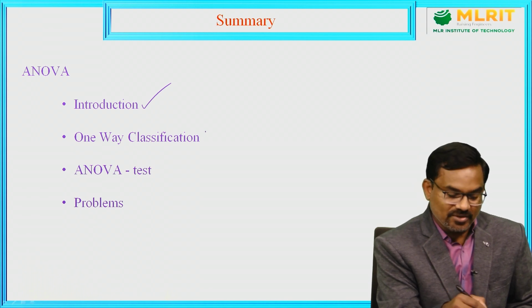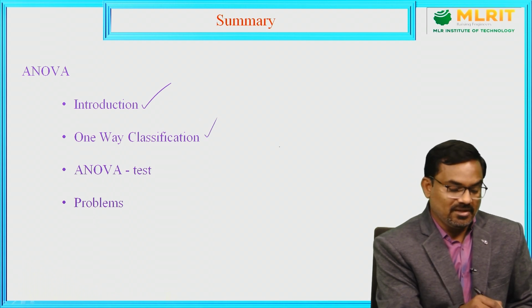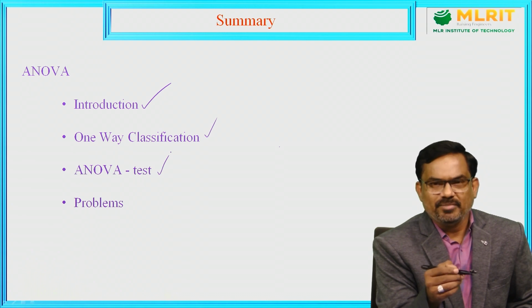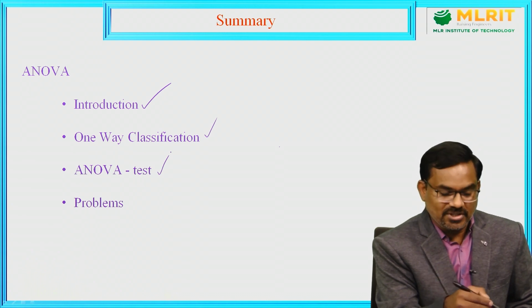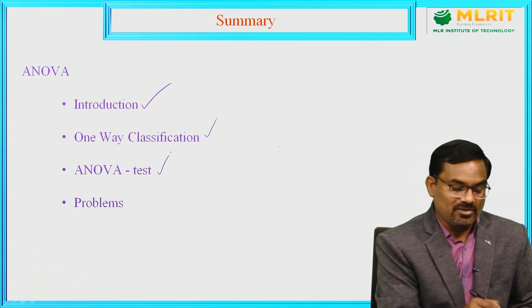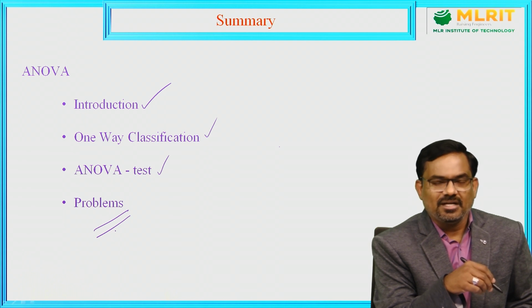In that, we have discussed one-way classification. Under this one-way classification, how to test whether all the population means are same or not, that step by step procedure is discussed, and also through an example, the ANOVA test is clearly discussed.